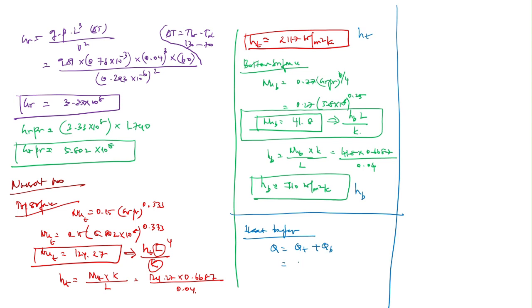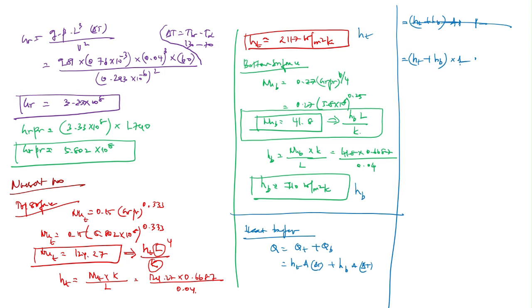For the top surface, h top into area into delta T, plus for the bottom surface h bottom into area into delta T. In both the equations, area and delta T are common, so it can be rewritten as (h top plus h bottom) into area into delta T.